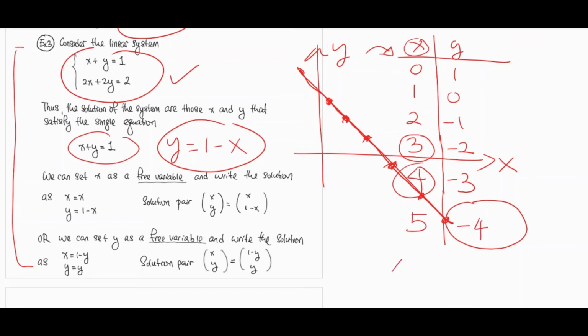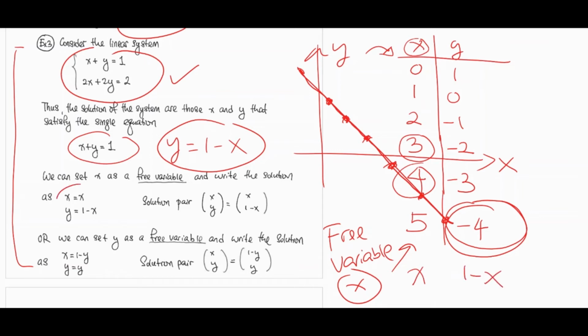So the number here that I can freely assign is what we call a free variable. We can set our x to be free, and then our y will have to depend on that free variable in the form of: this is x, and then my y will be 1 minus x.